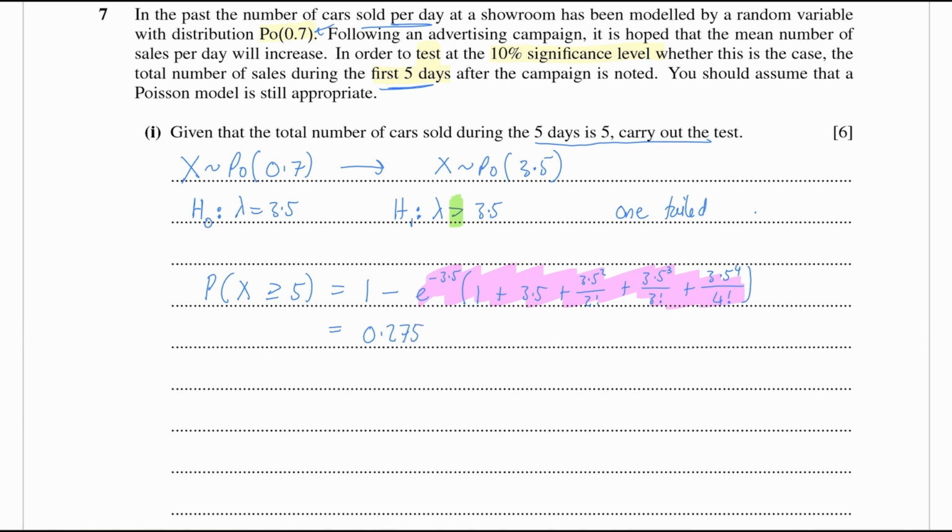Okay, so at this point, we now have got to do a comparison. 0.275, we compare it to our significance level, which is 0.1. And you can see that that's greater than 10%. It's actually 27.5%. So we can now make a judgment.